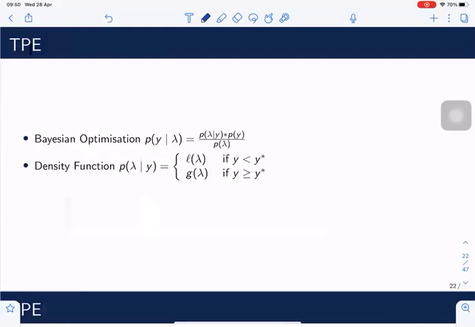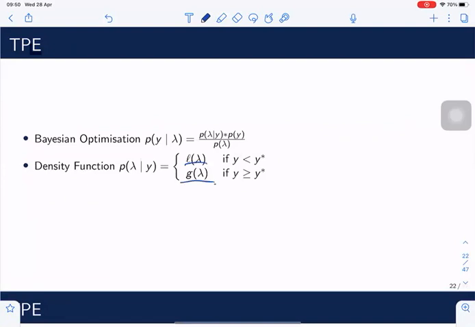And another state-of-the-art approach for the HPO problem is called TPE, tree-structured Parzen estimators. It's based on the Bayesian optimization, but traditionally people employ Gaussian process as a surrogate model in Bayesian optimization, but TPE uses a density function to directly model two sets of hyperparameters.